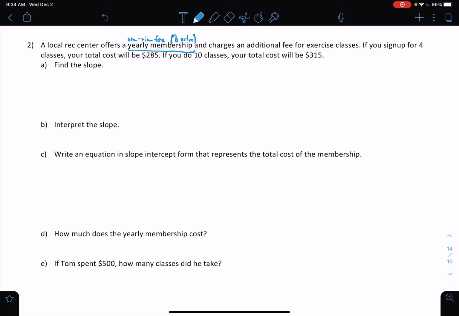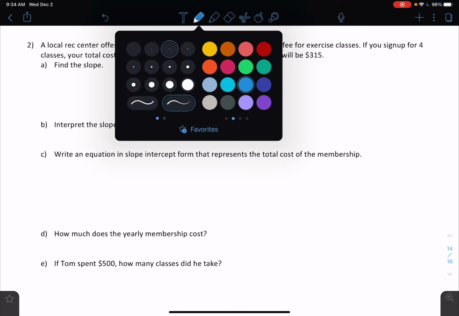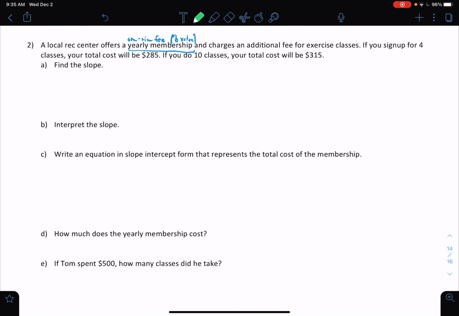That's my B value, okay? And they charge an additional fee for exercise classes. This is going to be a reoccurring charge, which represents my M value or my slope. Okay? So just being able to identify what those are going to represent in my equation, that's important to start.